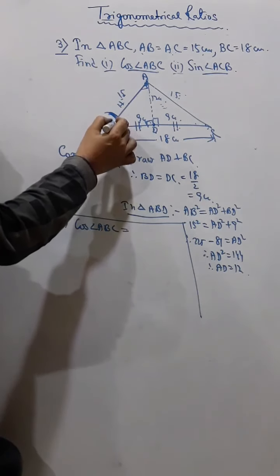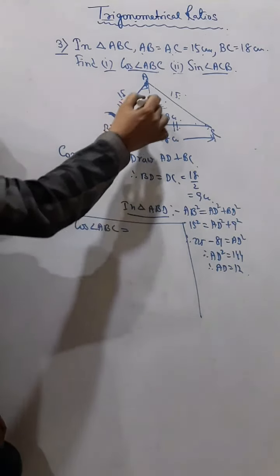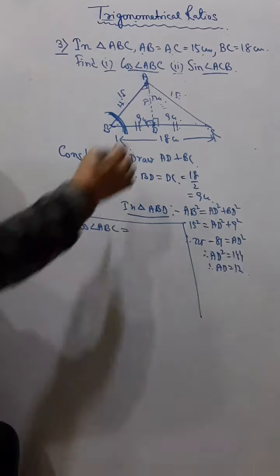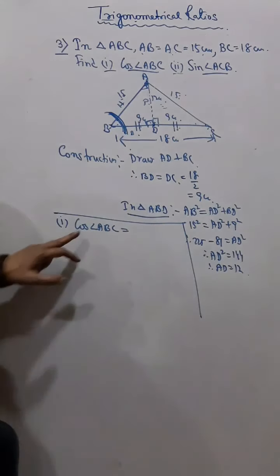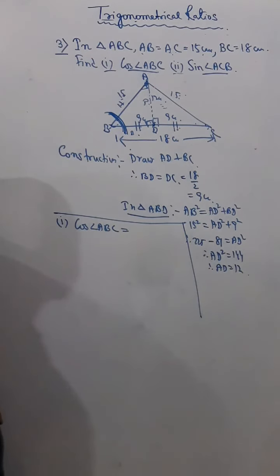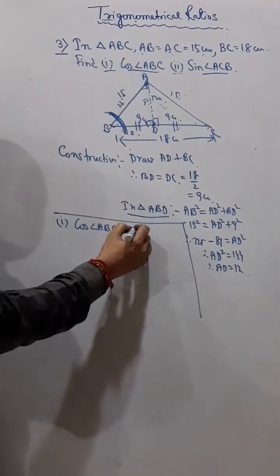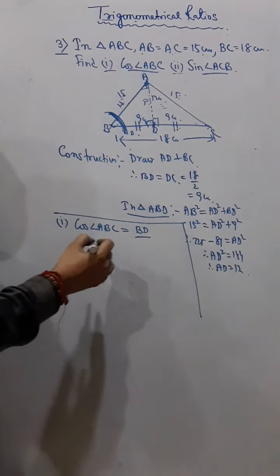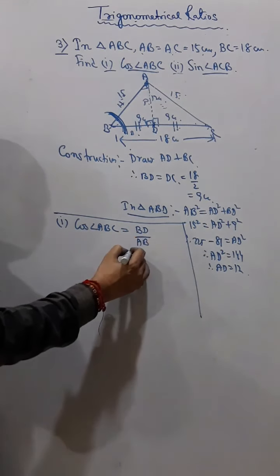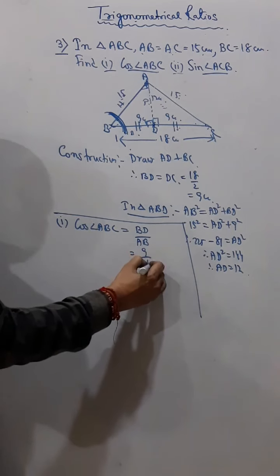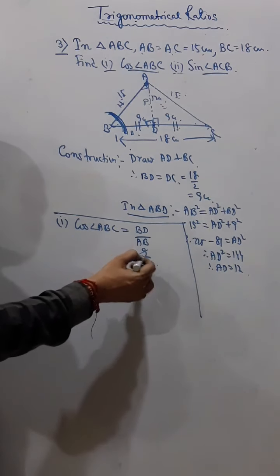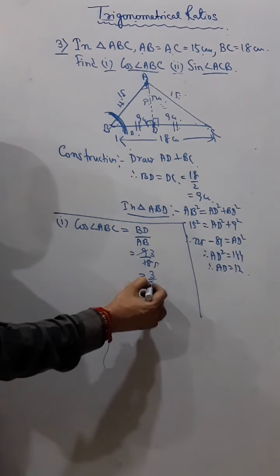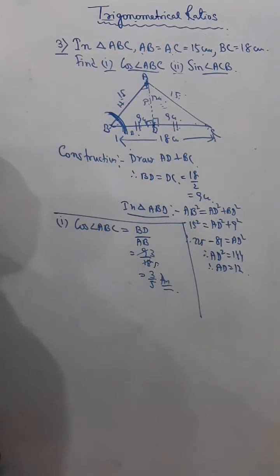So with respect to this angle, opposite, this is the perpendicular and this is the base. And now they told cos ABC. Cos ABC means what? Base by hypotenuse. So base is BD and hypotenuse is AB. So it becomes 9 by 15. And we should give it in the simplest form. So 3s and 5s. So I get 3 by 5 as the answer.